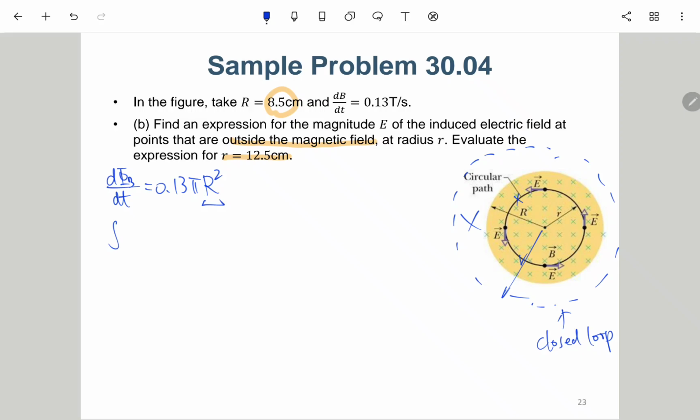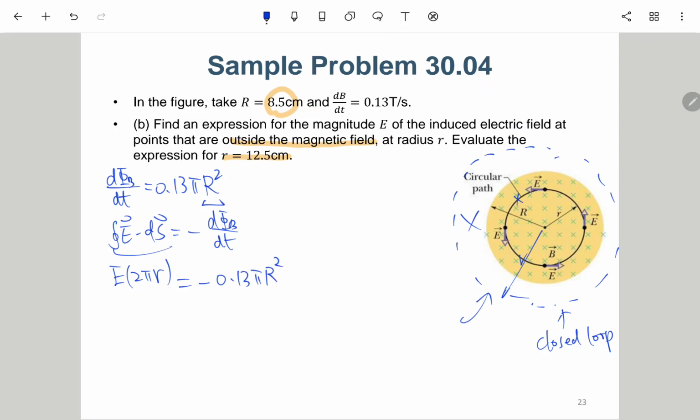For Faraday's law, the integration of E dot ds equals negative d phi b dt. On the left side it is the same, E times 2 pi small r, because this only relates to the path. But the right-hand side is negative 0.13 pi capital R squared.